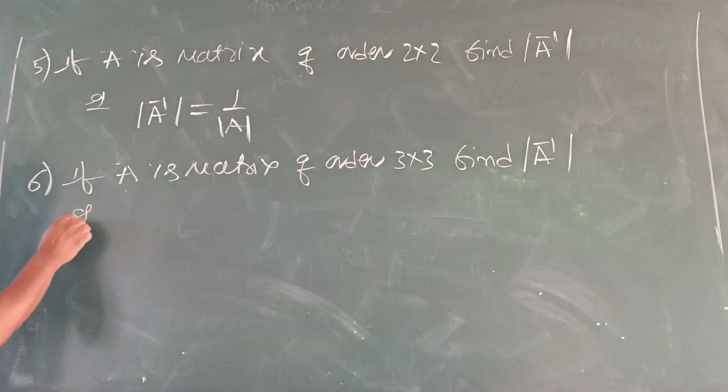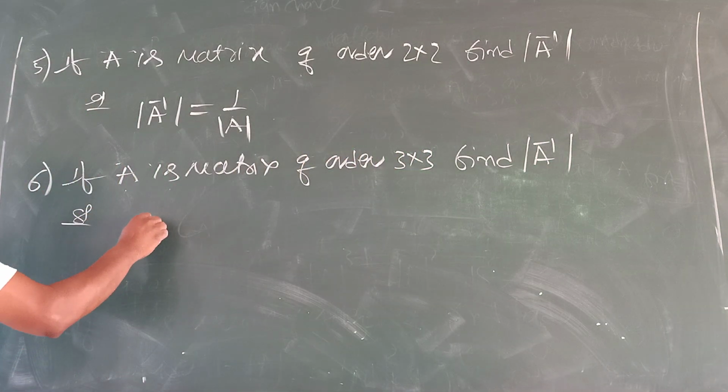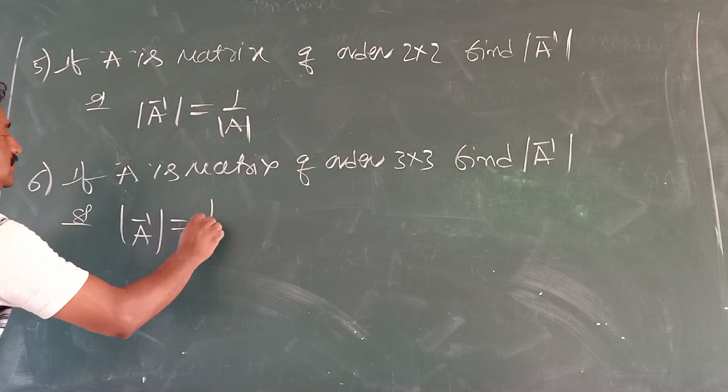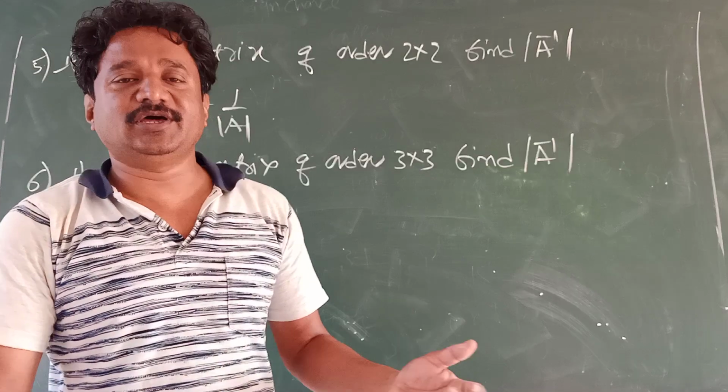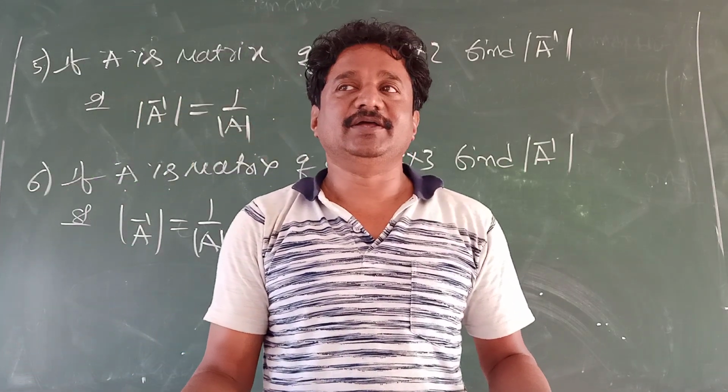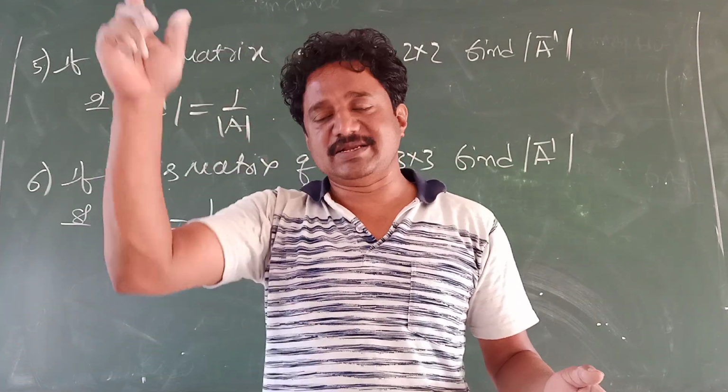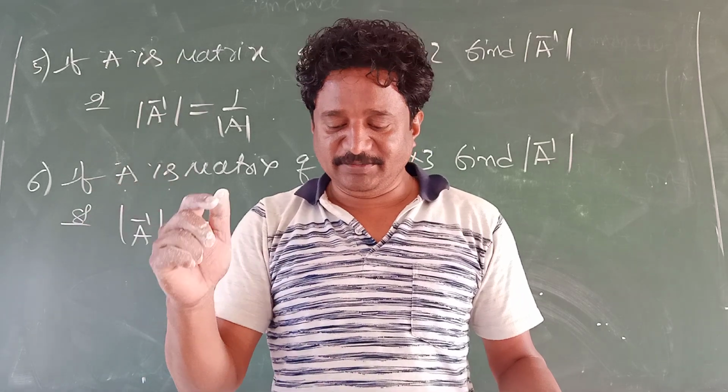Solution. Determinant of A inverse is always equal to 1 by delta, whether it is 3 cross 3, 4 cross 4, or 5 cross 5. Keep that in mind.